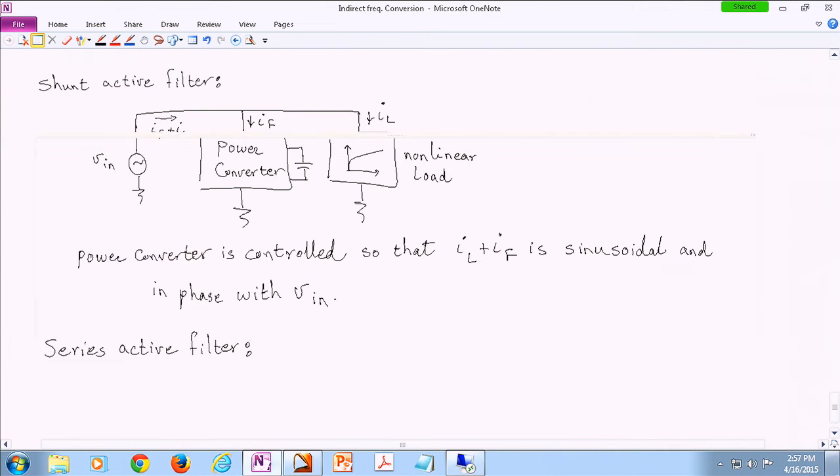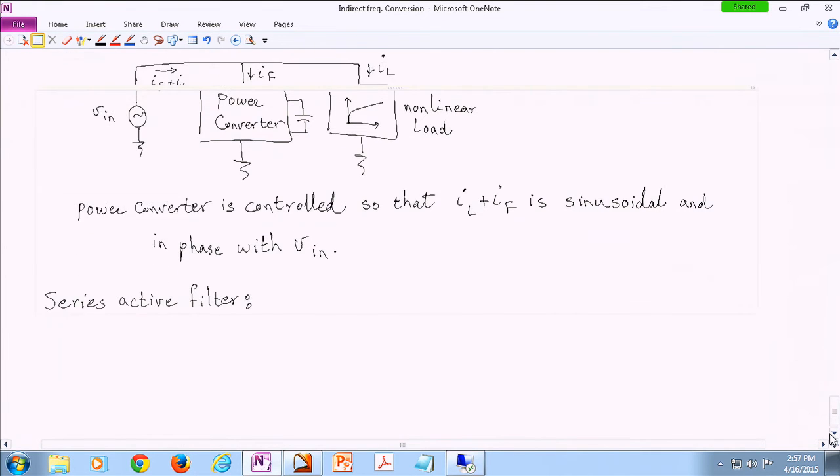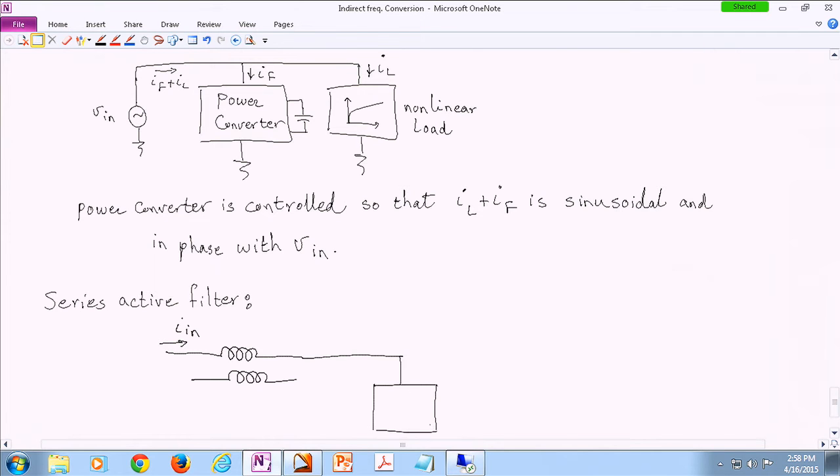Now, you can do a dual of this thing and place a transformer on the path of your input current. So this is your nonlinear load.